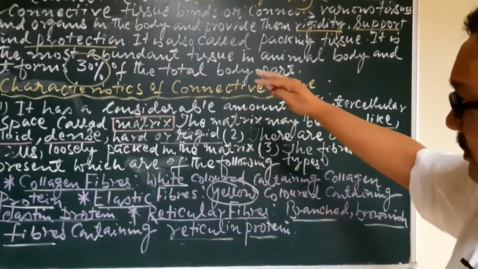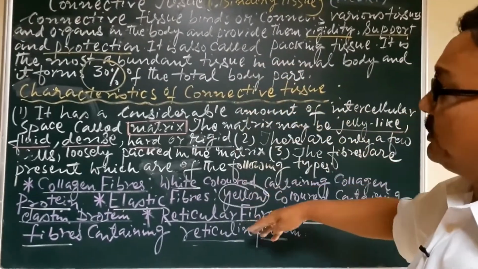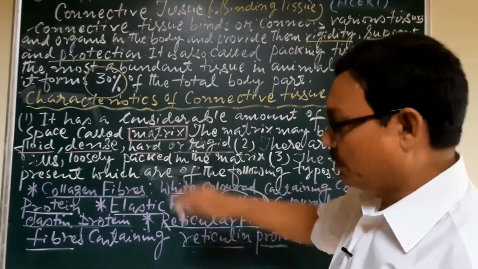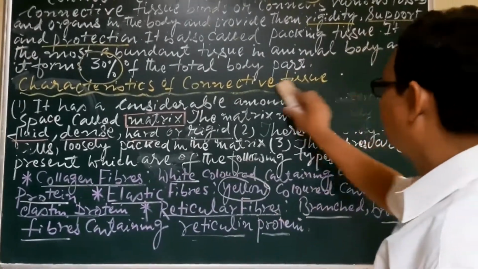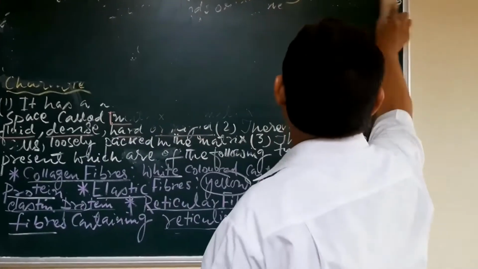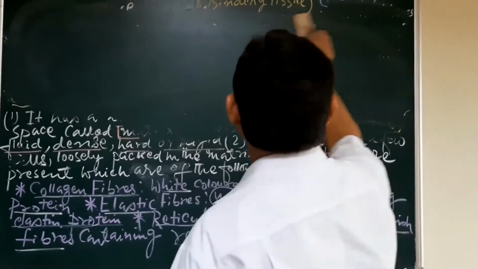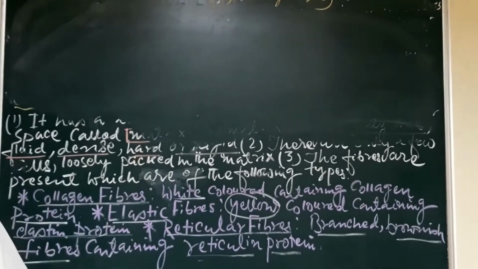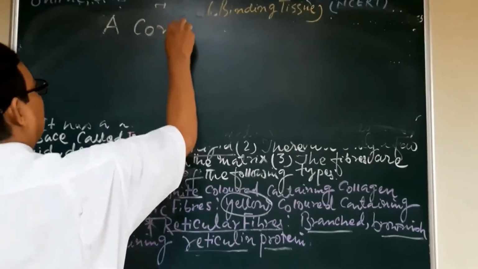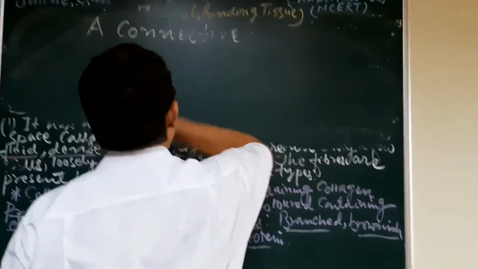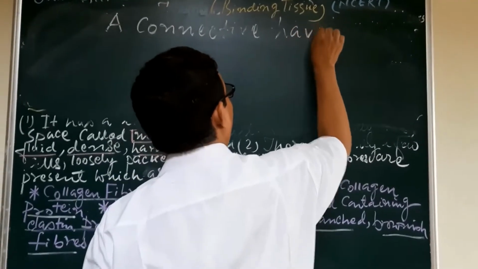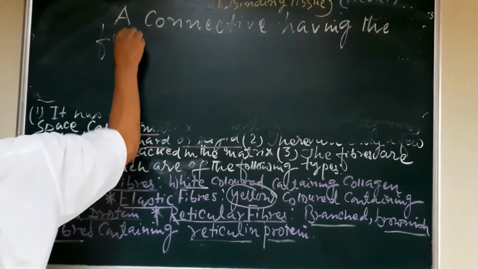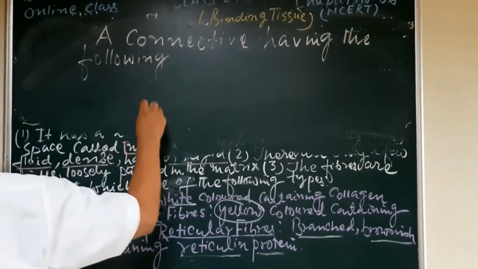Now after the characteristic features, one more important thing here is that the connective tissue is composed of the following parts.